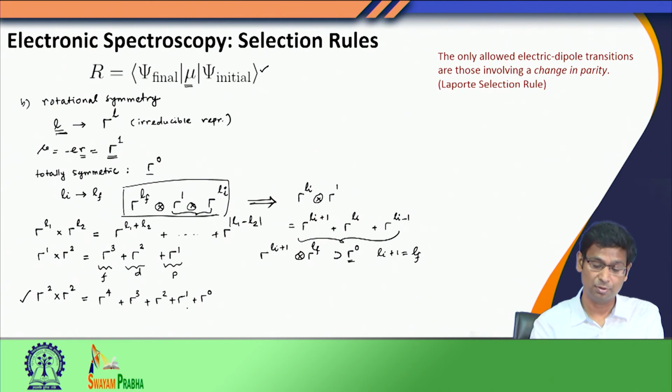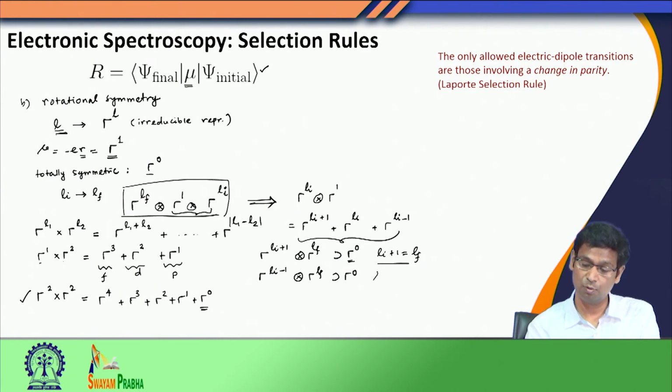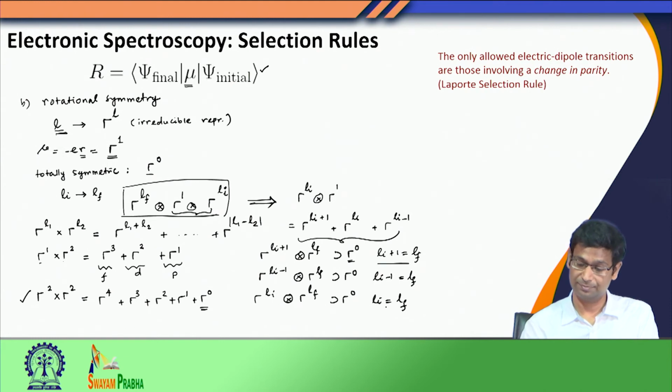Gamma 2 product had gamma 0, whereas gamma 1 and gamma 2 did not. So, this condition is necessary, and similarly Li minus 1 will contain gamma 0 only when Li minus 1 is Lf, and the third, gamma Li into gamma Lf, will contain gamma 0 when Li equals Lf.